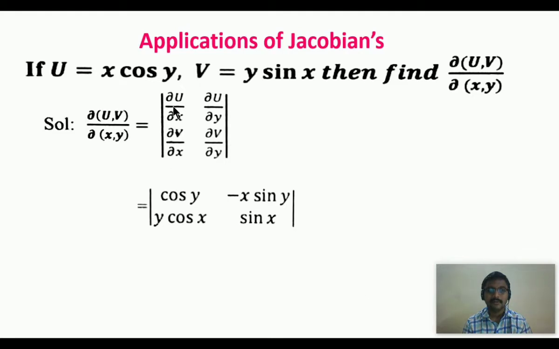Partial derivative of u with respect to x. While differentiating partially with respect to x, keep y as constant. cos y is constant, x derivative is 1. ∂u/∂y, differentiating u partially with respect to y, keep x as constant. x constant, cos y derivative is minus sin y. ∂v/∂x, differentiating v partially with respect to x, keeping y as constant. y is kept constant, sin x derivative is cos x. ∂v/∂y, differentiating v partially with respect to y, keeping x constant, sin x is kept constant, y derivative is 1.